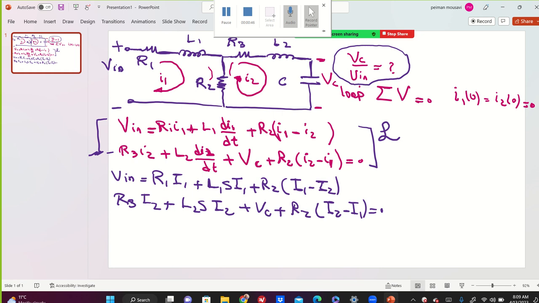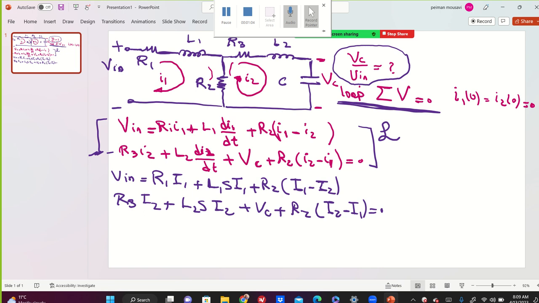If you remember from the electric circuit course, for this situation you're gonna have two loops, and you apply one current here and one current here for this loop. Based on Kirchhoff's voltage law, for each loop the sum of the voltages is zero.